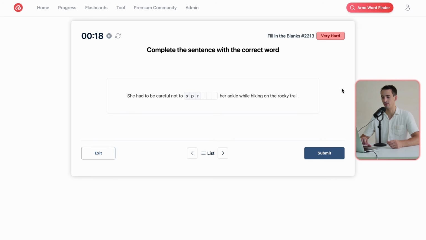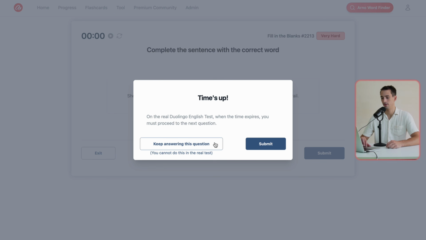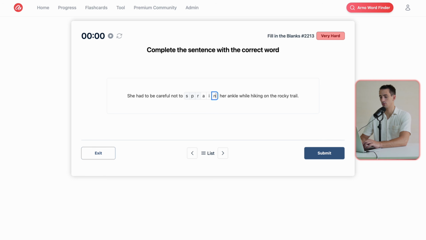She had to be careful not to SPR blank blank blank her ankle while hiking on the rocky trail. The correct answer for this one is sprain.